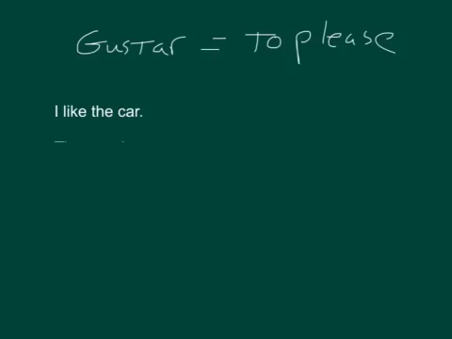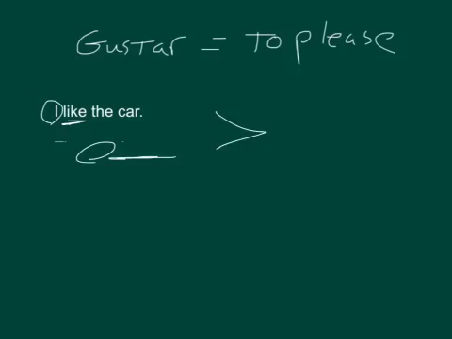Alright, so with these sentences, I like the car. The verb to like is conjugated for I, right? Whereas please is conjugated for the car. And so if we conjugated the verb gustar as if it meant like, you would say yo gusto el carro.